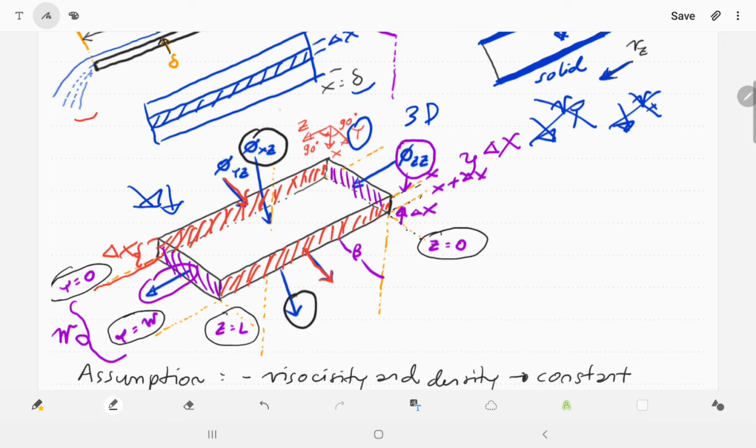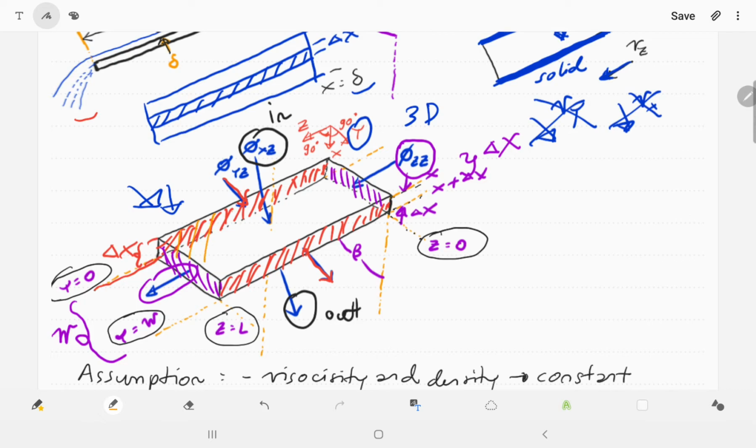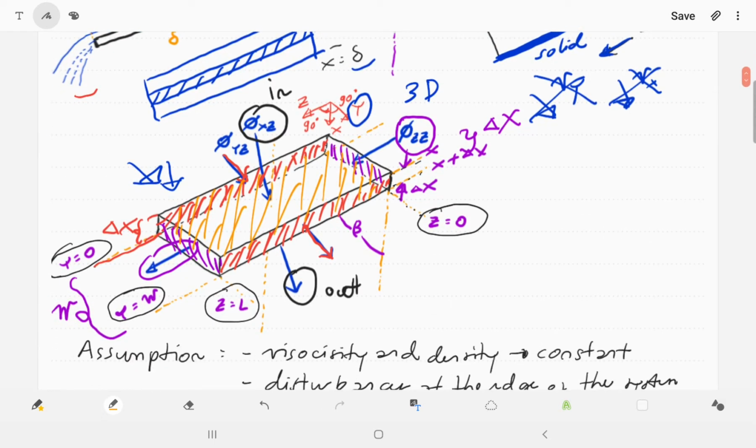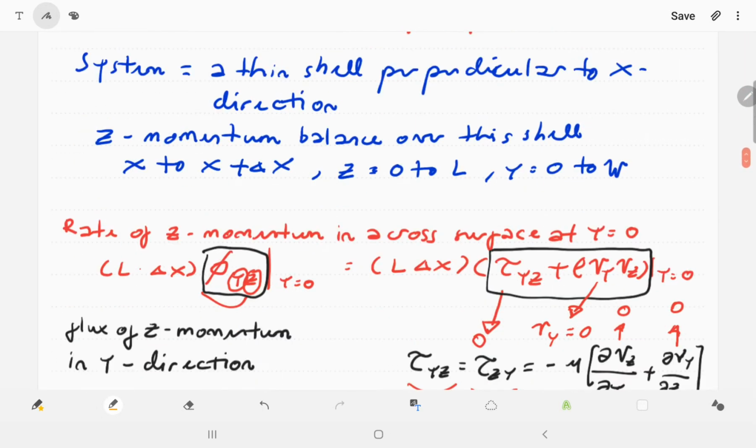This one is the in. This one is the out. So the surface area of interest will be this particular area here, and this particular area at the bottom as well. The area is L multiplied by W, because the length of this shell element is L and the width is W. So that will be L multiplied by W.